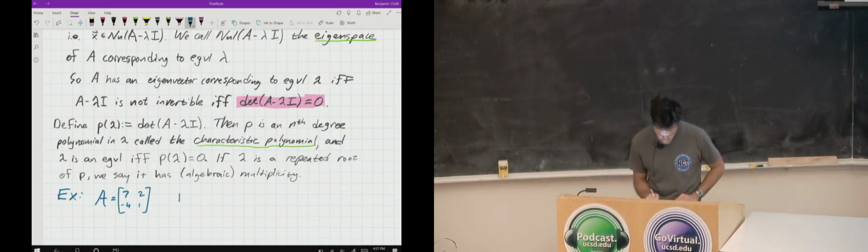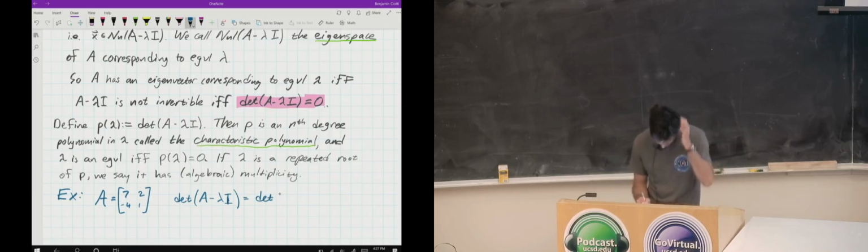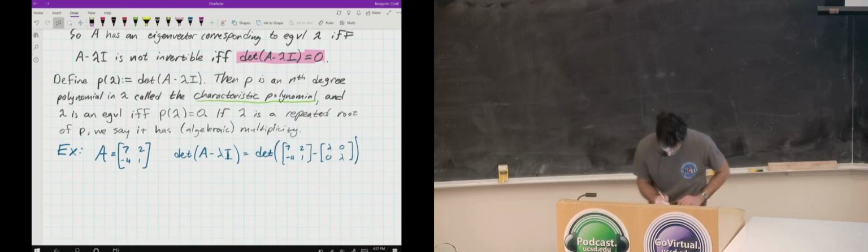Okay, so the determinant of A minus lambda I is the determinant of 7, 2, negative 4, 1 minus lambda, 0, 0, lambda, which is the determinant of 7 minus lambda, 2, negative 4, 1 minus lambda.